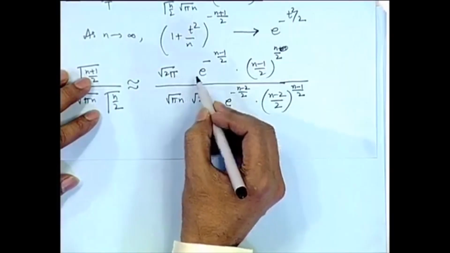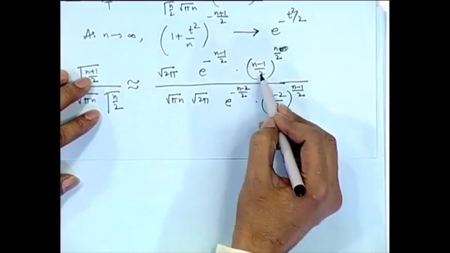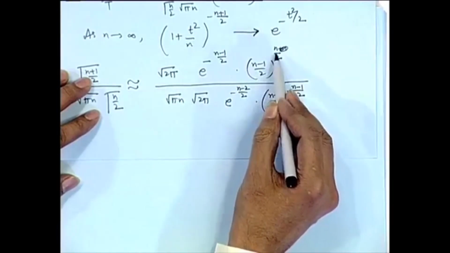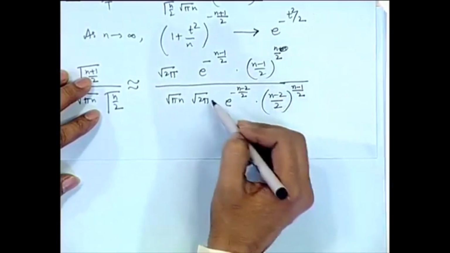So, we can do some simplification; this root 2 pi etcetera will cancel out, and here you have 1 by 2 to the power n/2 and 1 by 2 to the power (n-1)/2. So, one root 2 will come here.